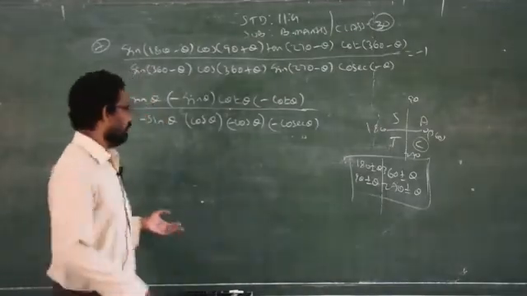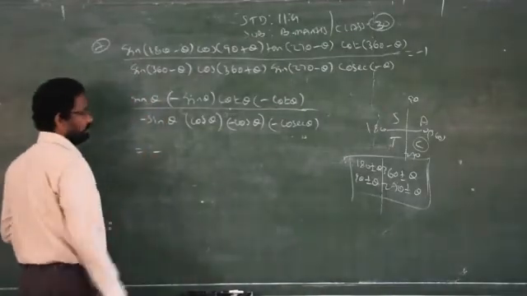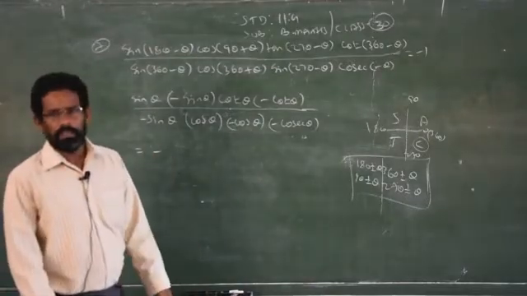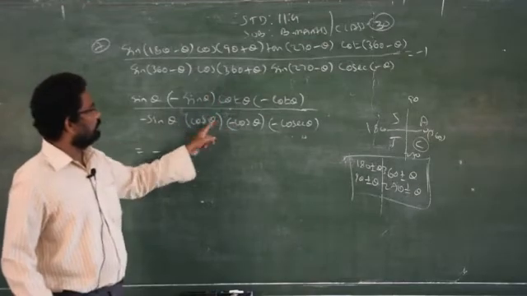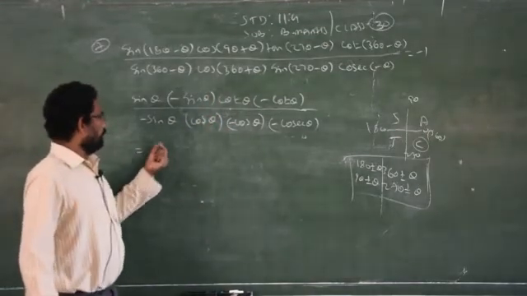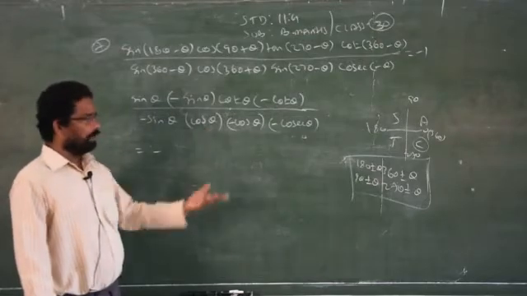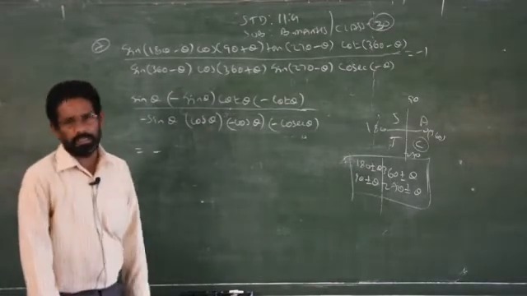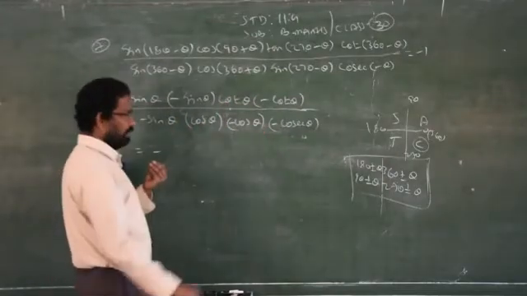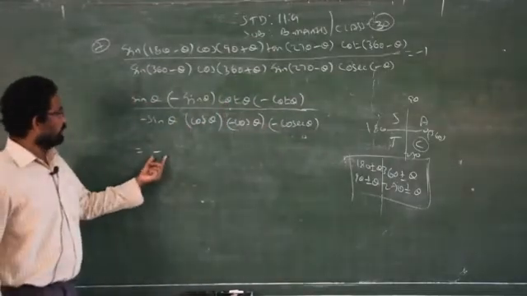Therefore, your result will carry the negative sign. Clear? When the negative sign occurs an odd number of times, your answer always carries a negative; when it occurs an even number of times, your answer must be with plus.